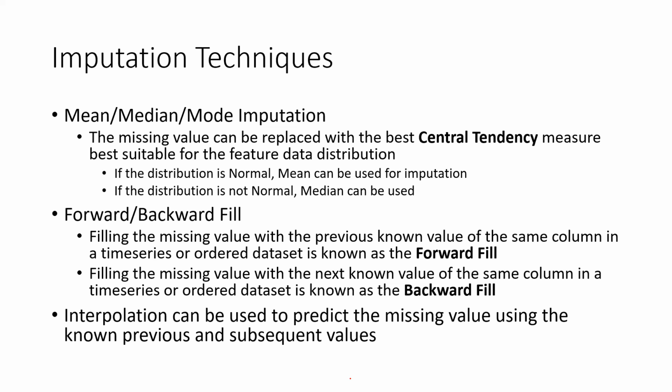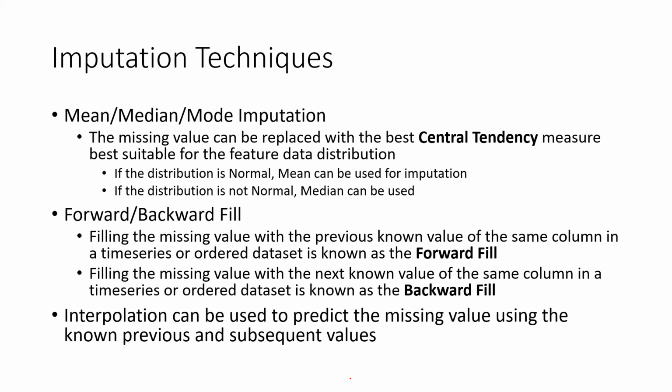In statistics, I think you have learned about central tendency. Right? Central tendency is nothing big. Central tendency is how you represent the central value of a distribution, right? So the central value of a distribution can be represented by the mean value, median value, or the mode, right?